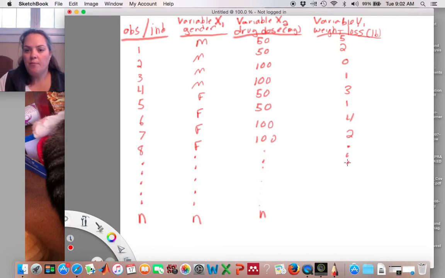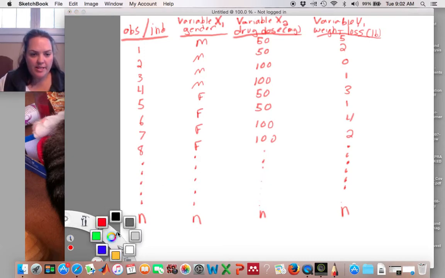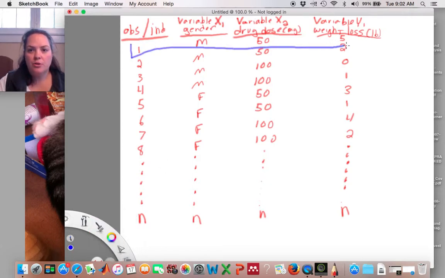Okay? All right, so this is our data set. This is a complete data set, although of course we'd want more observations. Within this data set, one of these rows equals one total observation.